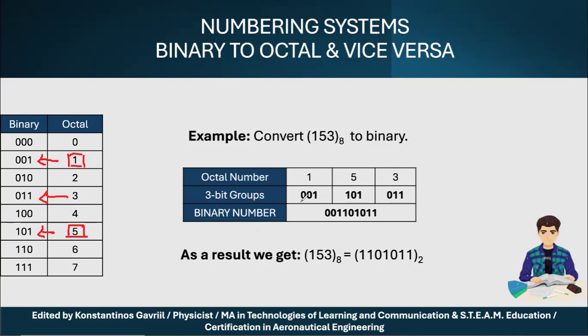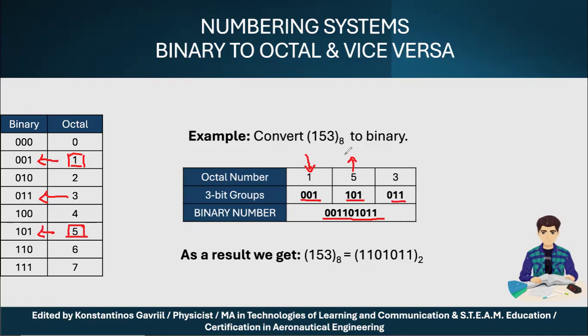So these are my 3-bit groups, and I write my full binary number. The only thing here is to be able to convert the numbers into groups of 3 digits. Number 1, how can I write it in 3 digits with 0 and 1 combination? How can I write number 5 in 3 digits in a binary way?